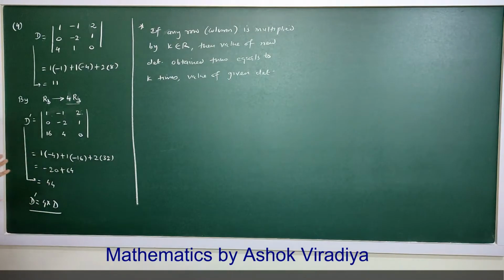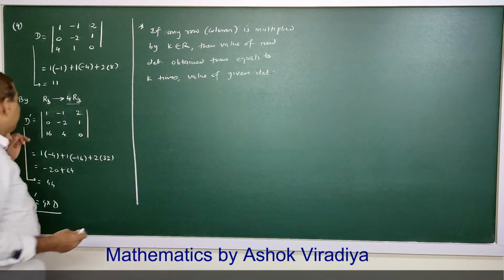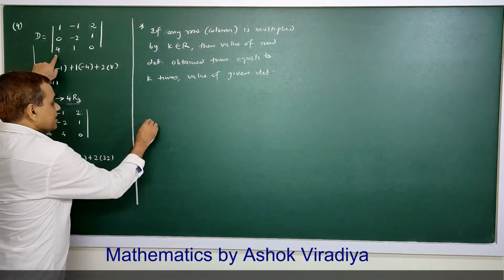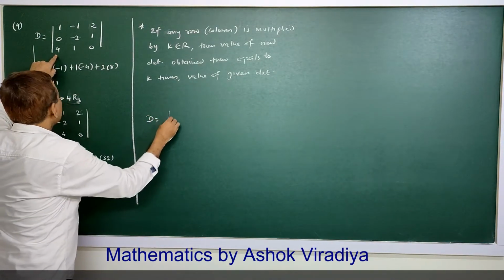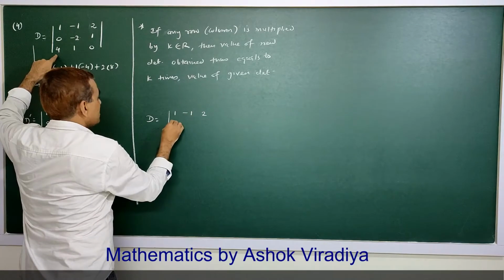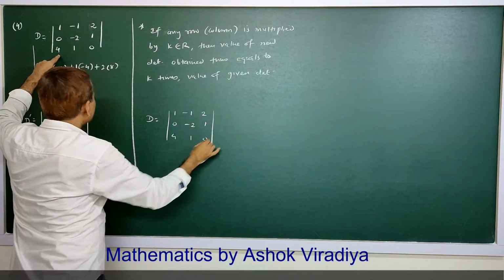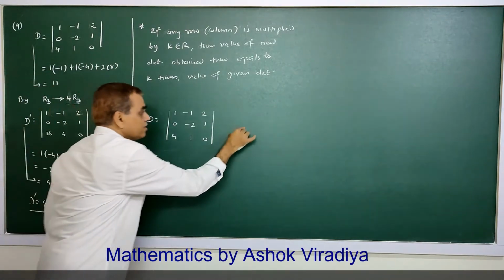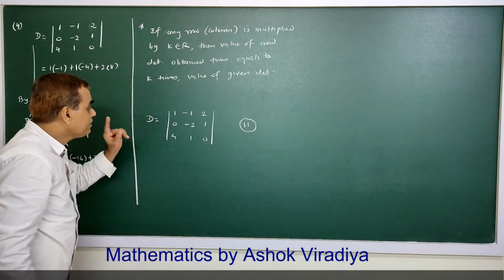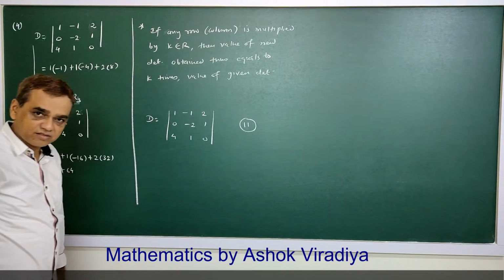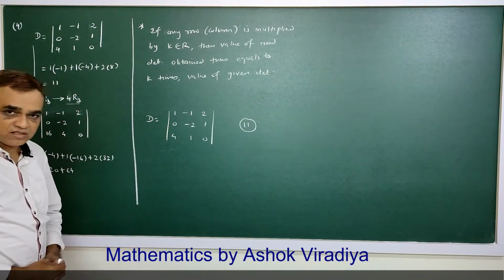So see, when doing questions, what will we do here? This is D. We shall perform this procedure: 1 minus 1 2, 0 minus 2 1, 4 1 0. What is its value? 11. So what have I written? I have written D is equal to 11.